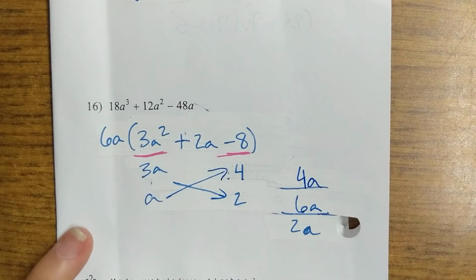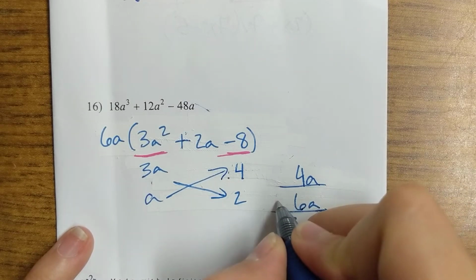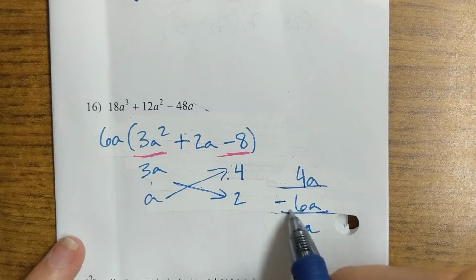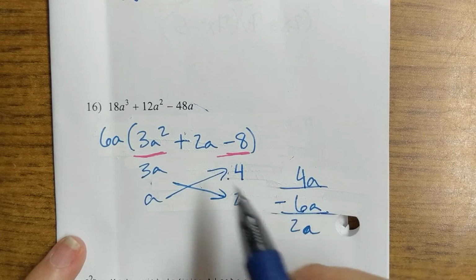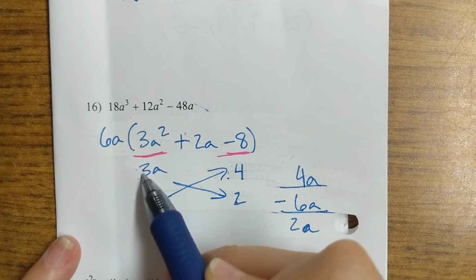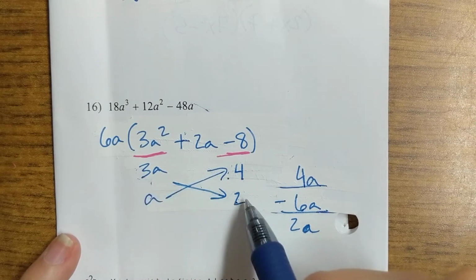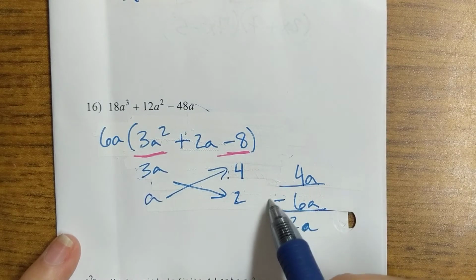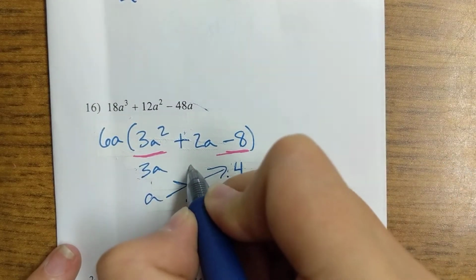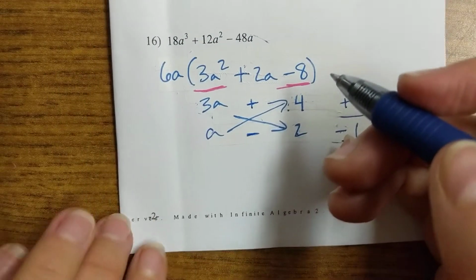4a, 6a, that can get us 2a because we know that one of them is already negative, and it is 6a that is negative. And the 6 was the result of 3 times 2. 3 already has a positive in front. We can't change the sign of that. So the 2 needs to be the negative. We take this negative sign and put it over here, which means if this is positive 4a, that positive goes there.